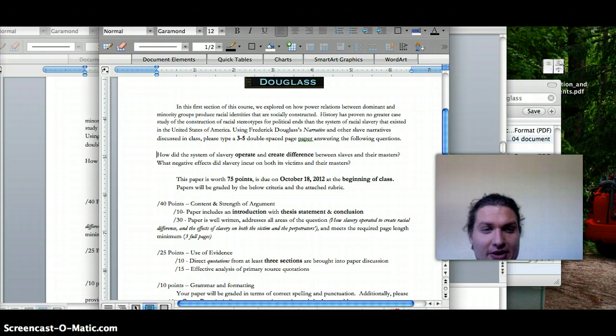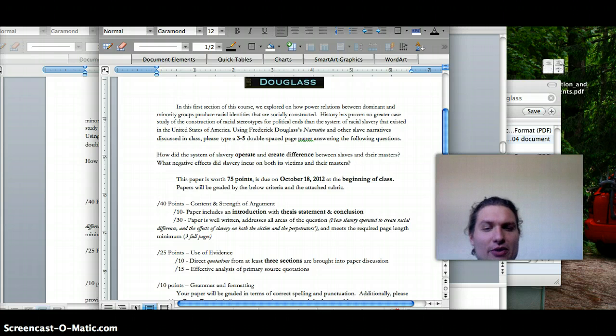That part is the same. But the second part, what negative effects did slavery incur on both its victims and their masters? So they're like two questions that say the same thing. So, just try to answer one in your thesis. You don't need to answer both. But, how did it impact negatively the masters as well, not just the slaves? I want you to think about that in detail.